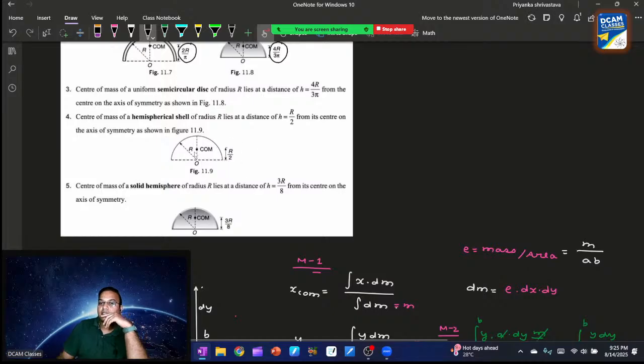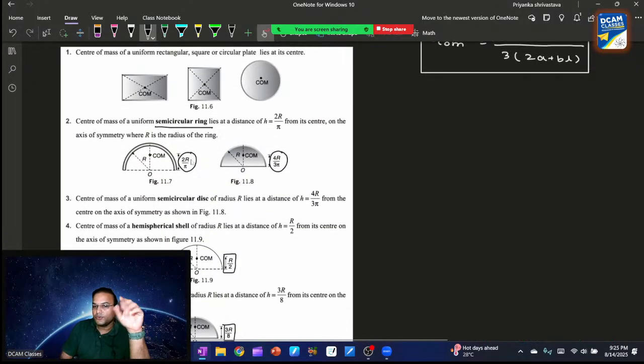For a hemispherical shell, remember this one, because the integration will go 3D. It's not recommended that you derive it. Just remember the result: r by 2, 3r by 8. I can show you for these planar bodies if you want. Do you want, or do you want to try yourself?